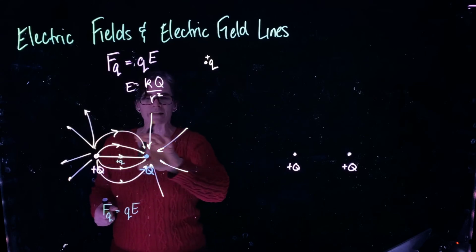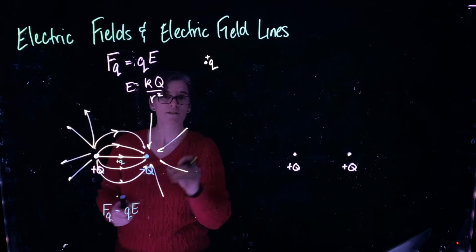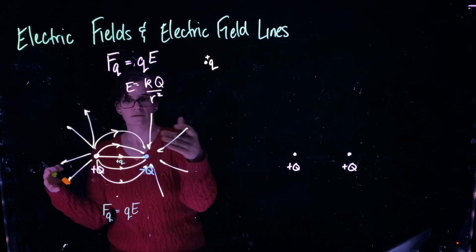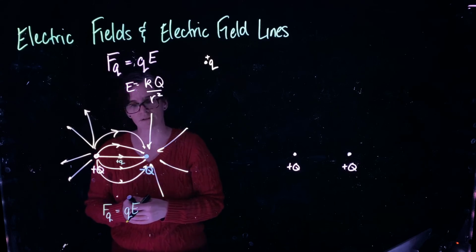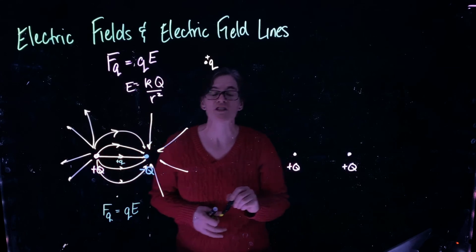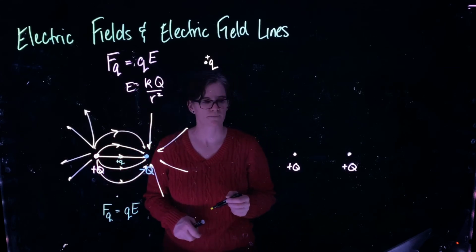So our electric field lines go from this positive charge towards this negative charge. They're coming in at the negative and going out at the positive, such that anywhere along this line, the direction of that field line is consistent with both the positive charge Q and the negative charge Q.